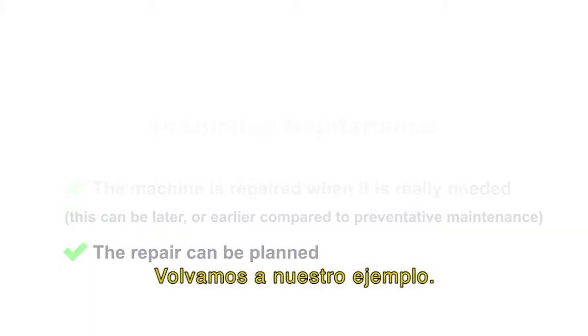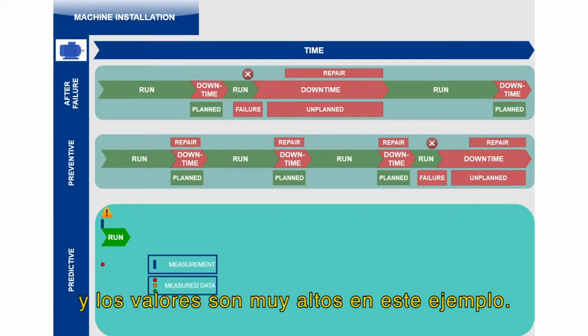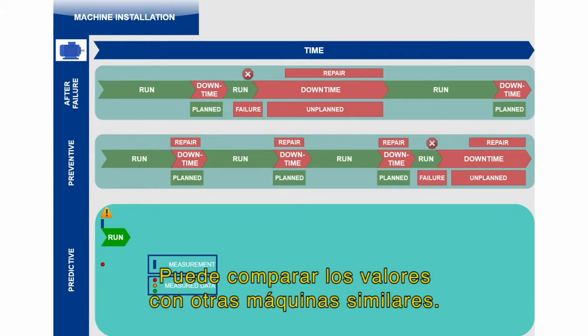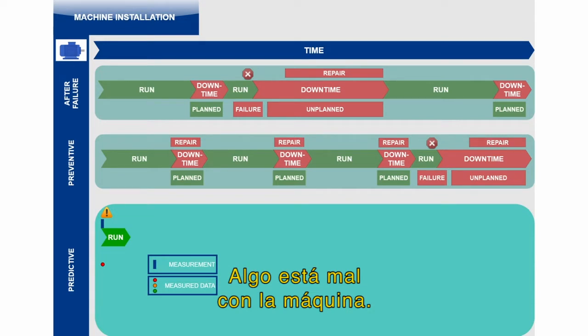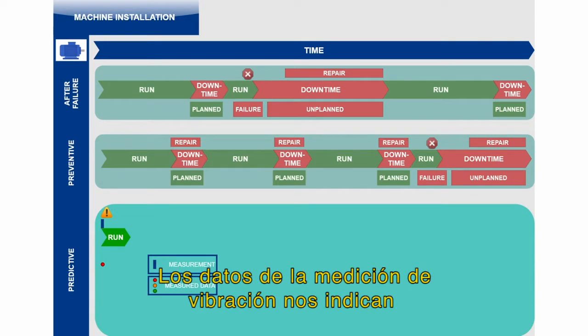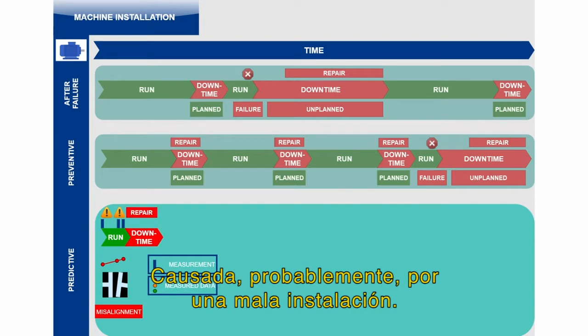Back to our example. After the machine installation, you take measurements, and the values are so large in this example. You can compare values with other similar machines, or use Adash or ISO limits. Something is wrong with the machine. Measured vibration data tells us that our problem is misalignment, probably caused by poor installation.